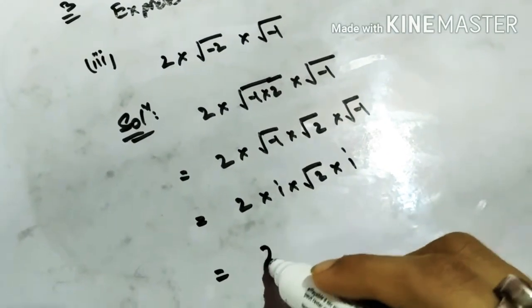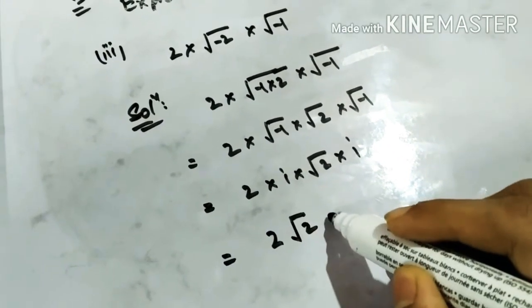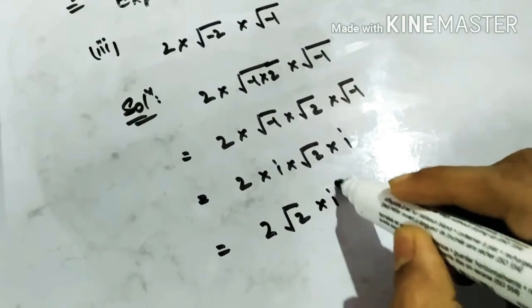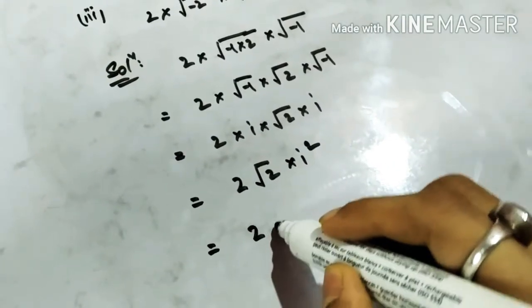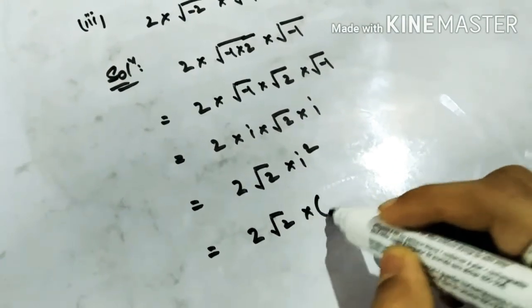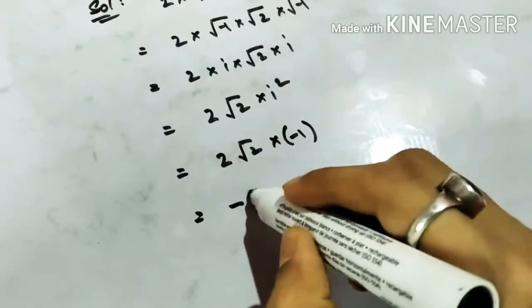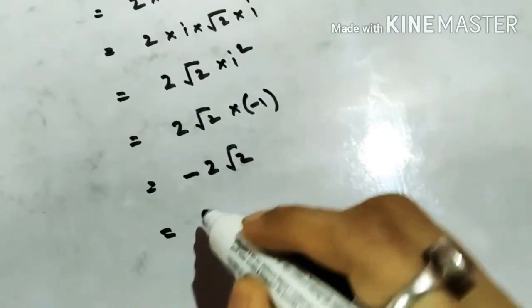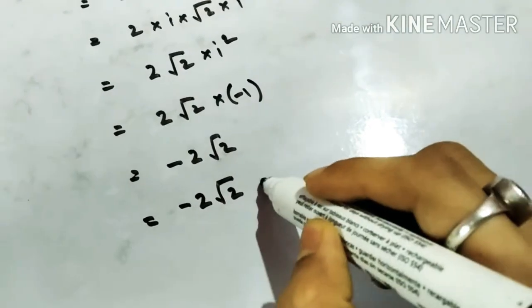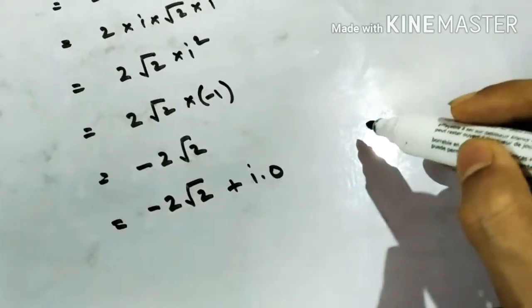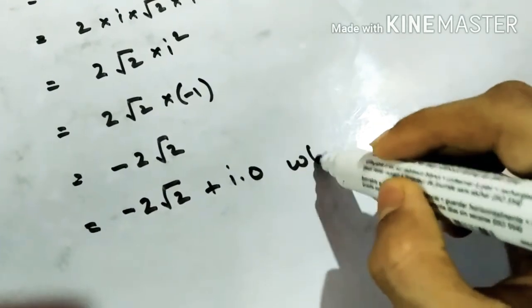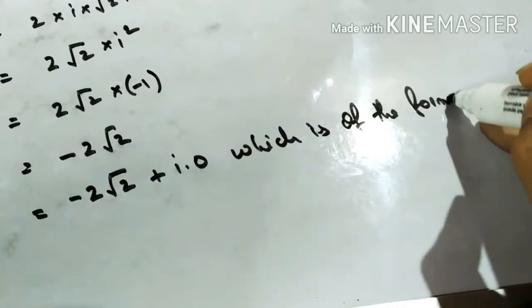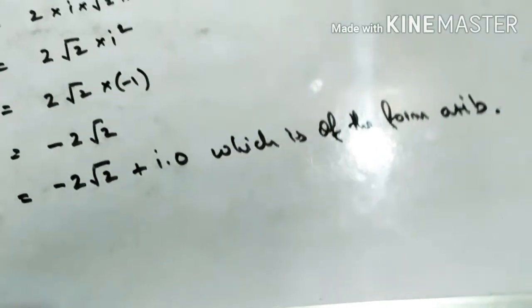So this will become 2√2 into i². So 2√2 into −1, so −2√2, which I can write as −2√2 + i × 0, which is of the form a + ib.